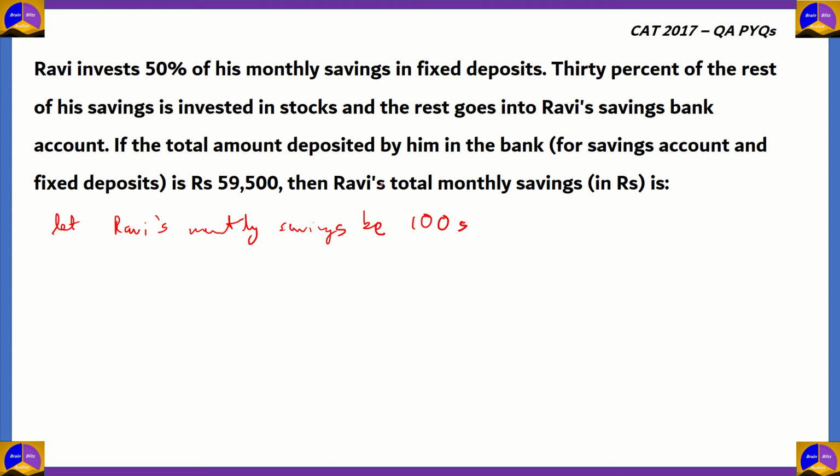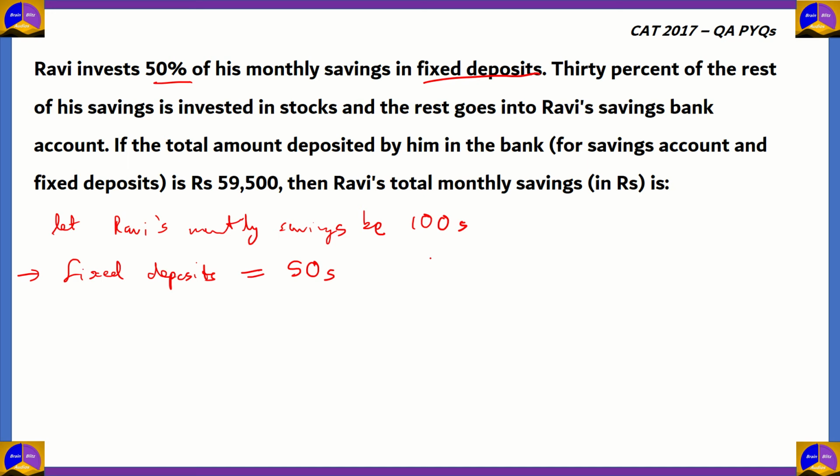All right, so Ravi's monthly savings is 100s rupees. Now, we know that 50% goes into fixed deposits. That means the total amount of fixed deposits that he makes every month is 50s. That's 50% of 100s, which is 50s.